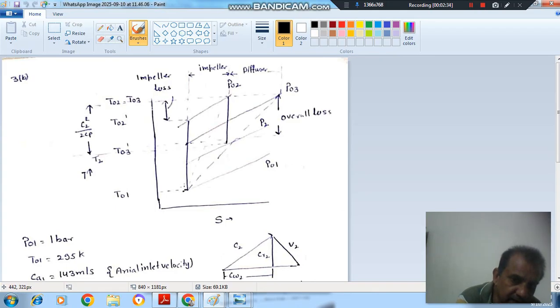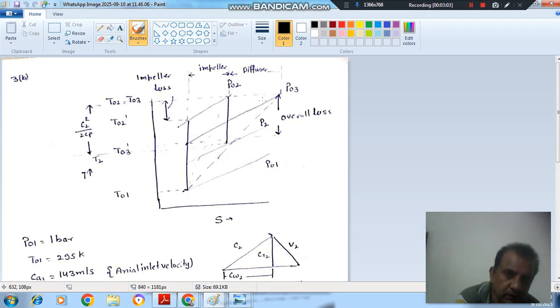So this is the entry point, and here the stagnation temperature is T01 and stagnation pressure is P01, and this is the actual process occurring in the compressor, both in impeller and diffuser part. P03 is the final stagnation pressure, and T03 or T02 is the final stagnation temperature.